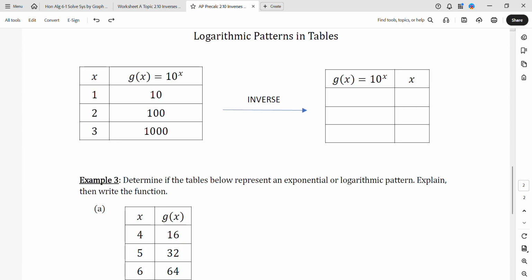Now, right here on the left-hand side, you see an exponential function, right? 10 to the x. This is lighter red. Notice here, this has a common ratio, right?